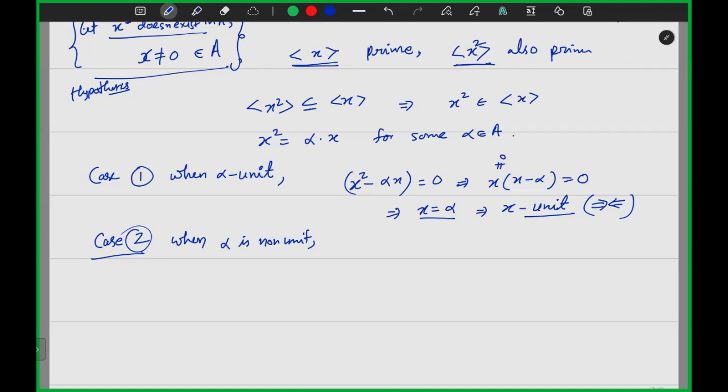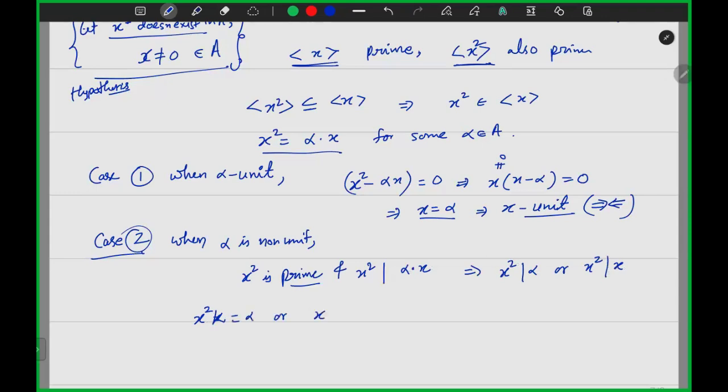When alpha is non-unit, what can you say from here? x square is prime, and x square divides alpha into x. So x square divides alpha, or x square divides x. From here, we get x square into k is equal to alpha, or x square into k prime is equal to x.